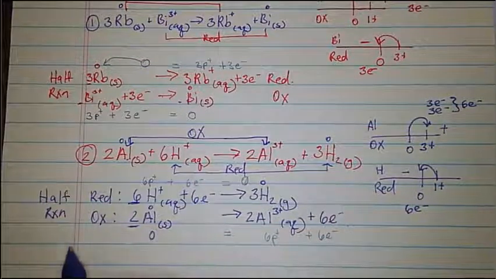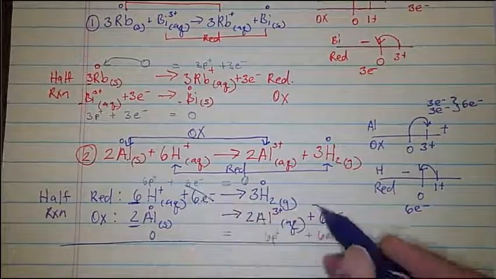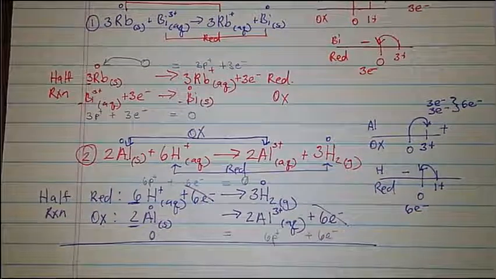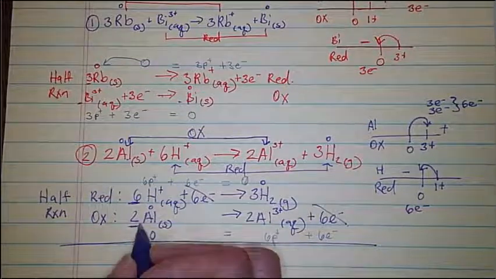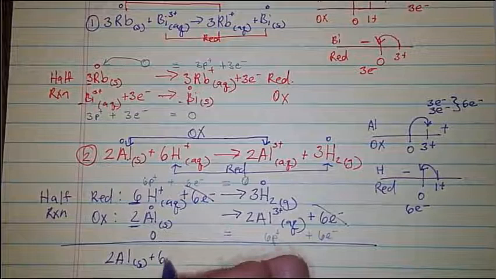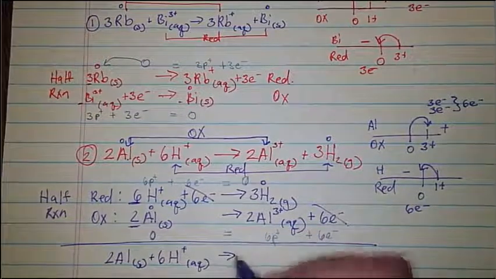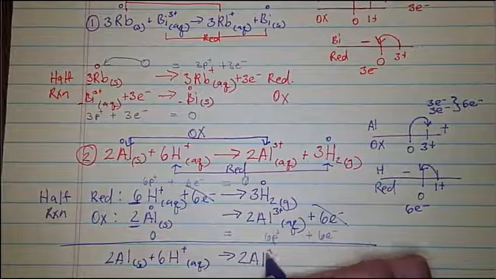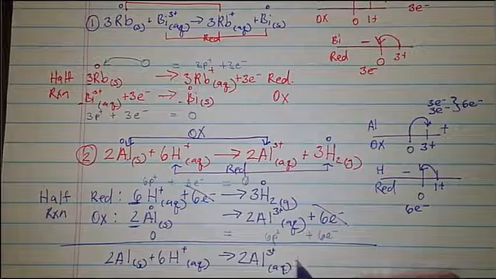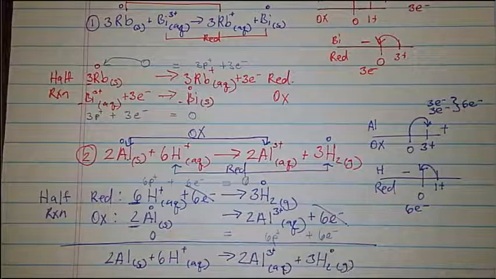Keep in mind, if you do this correctly, then once I cancel everything out, if I happen to cancel out my electrons, then I should have 2 aluminums, that's a solid, reacts with 6 hydrogens, that is aqueous, to produce 2 aluminum, 3 plus aqueous, plus 3 hydrogen gas that have a 0 charge.